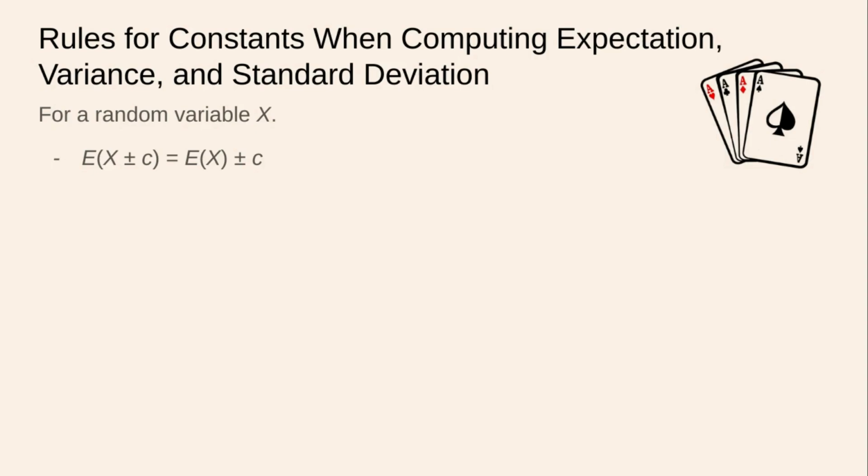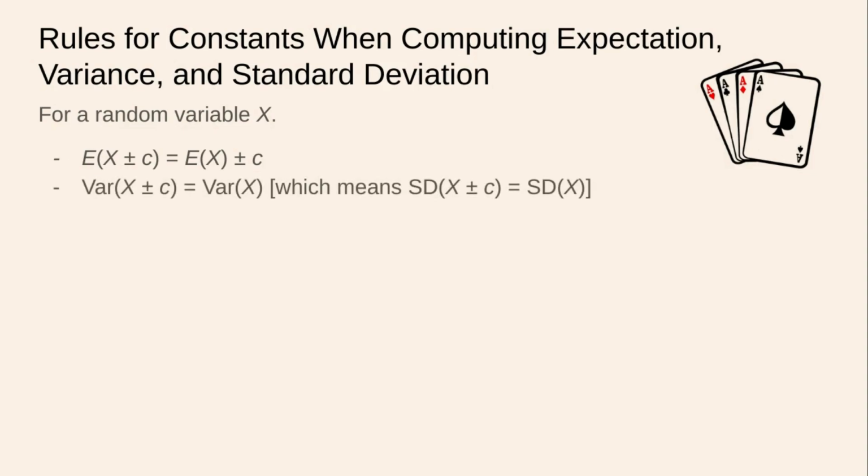However, would adding or subtracting a constant change the variation? Well, the answer is no. The variation, or the variance, we would say, of a random variable plus or minus a constant is the same as the variation of the random variable, which makes sense. We should not be surprised that adding or subtracting a constant doesn't affect the variation of the data.